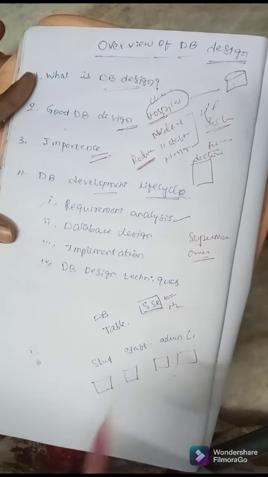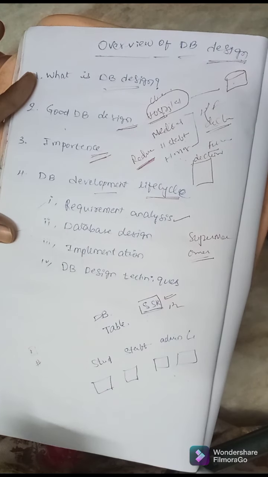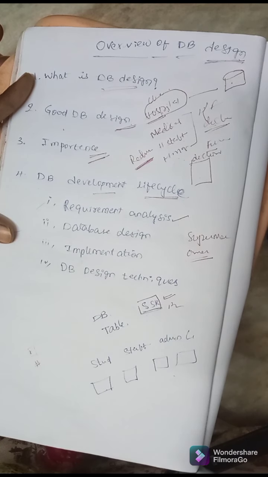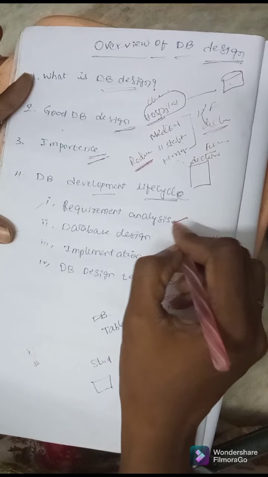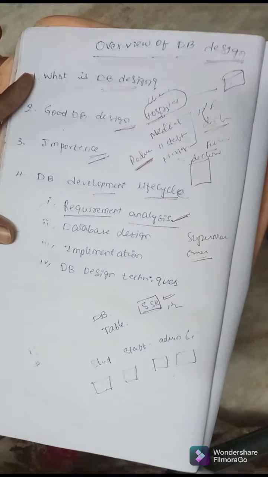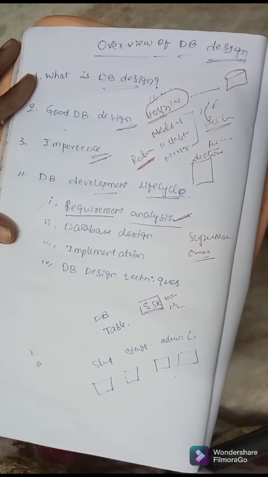We have to collect each and every piece of information which is necessary to develop the database from the clients, which we call requirement analysis. Whatever data you have collected, you have to place in a neat manner, point to point, and write it in a document.